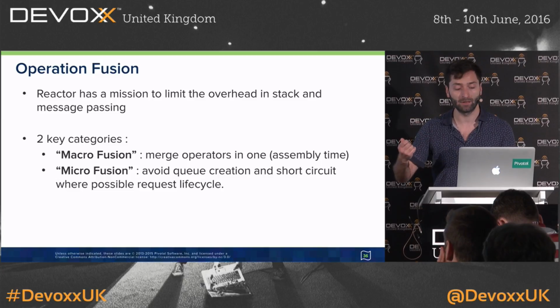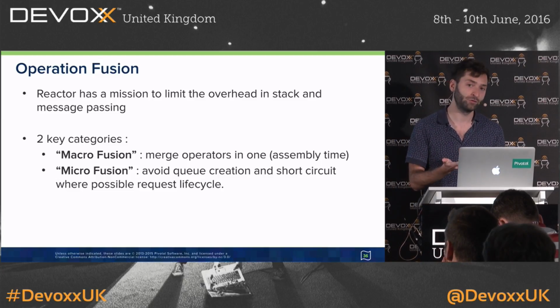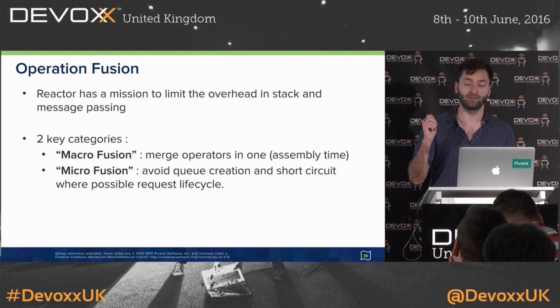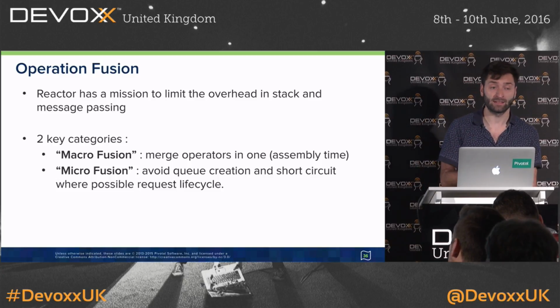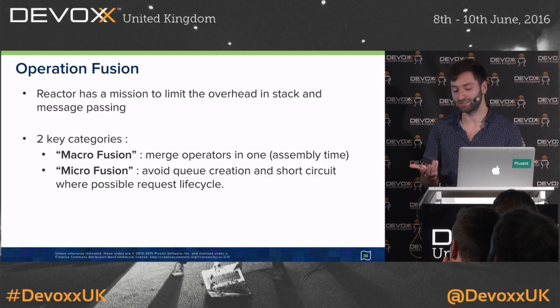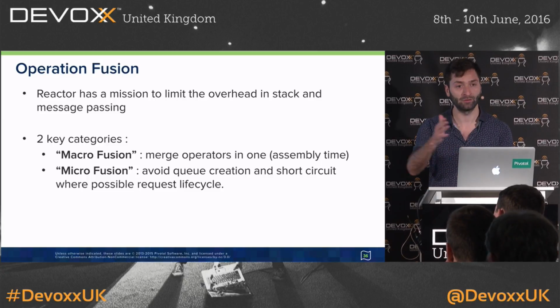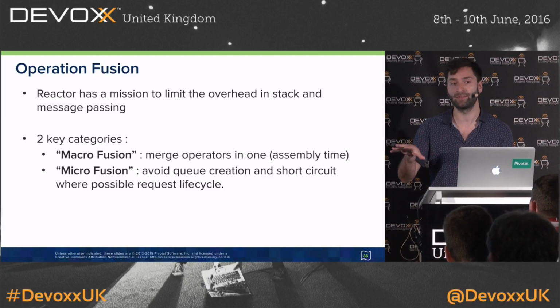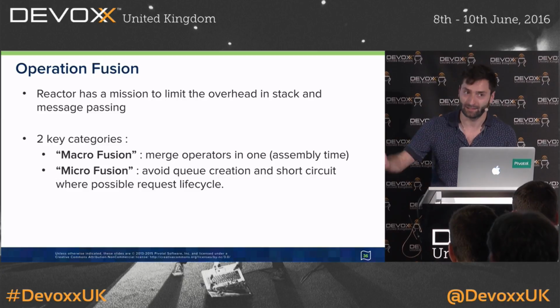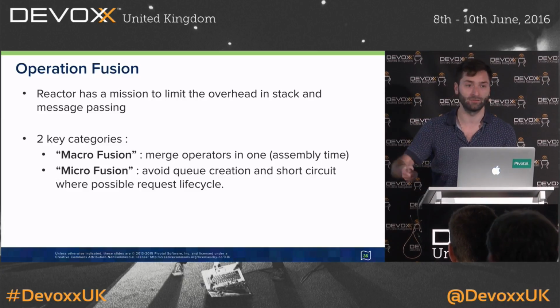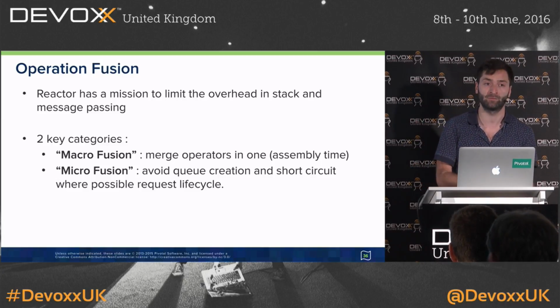And when you subscribe, we have something called micro fusion, which is about avoiding creating queues. That's also interesting because creating queues is costly, especially if you have non-blocking operations. You can accumulate them. Some of them have queues. So that means they create a queue, they offer to this queue, they poll from this queue. All of this adds overhead to your logic.